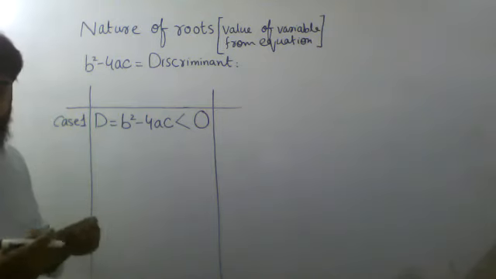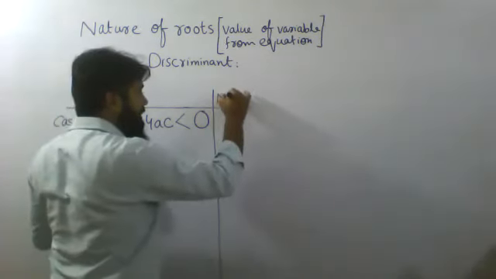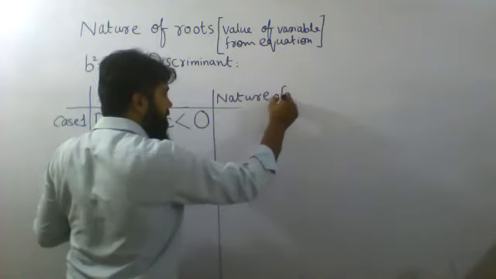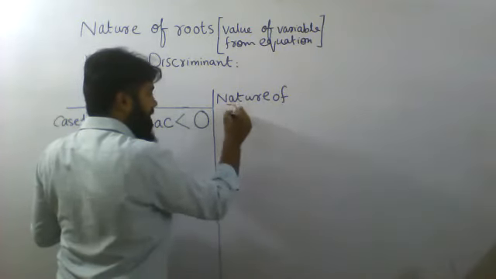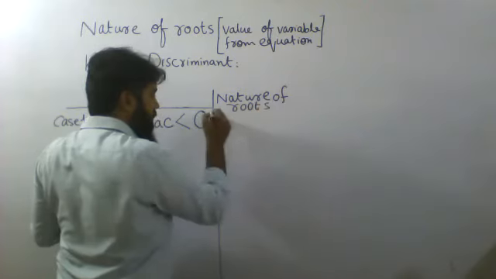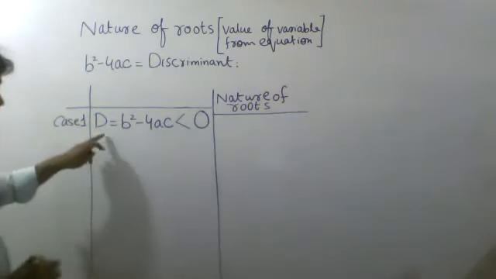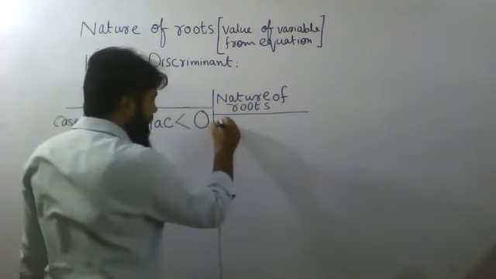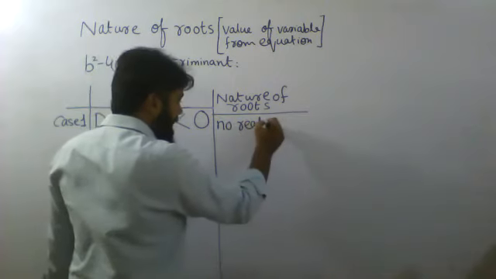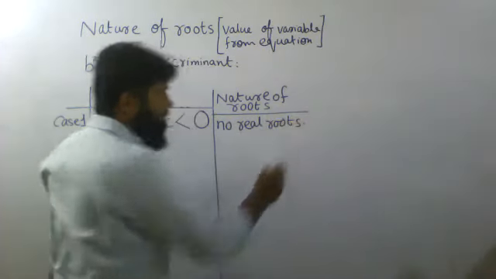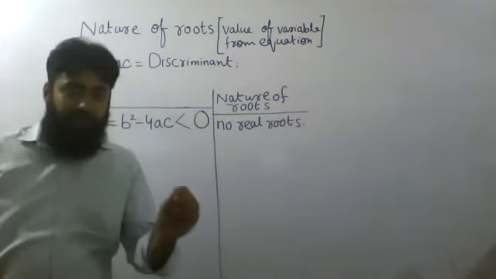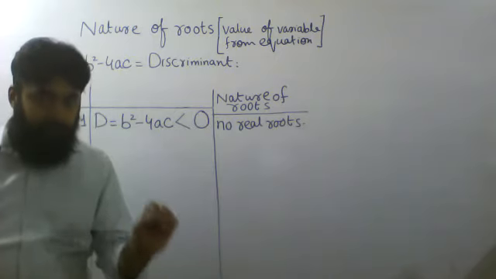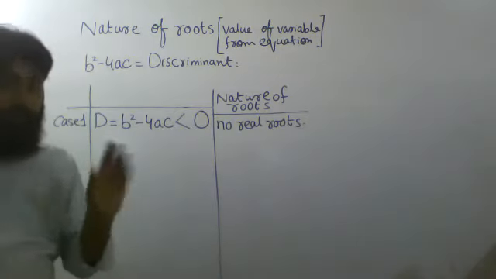What kind of nature of roots? So when they say that the discriminant is lesser than 0, it means you will have no real roots. No real roots means whatever equation is given, it will not be solvable. The equation which will be given to you will not be solvable.